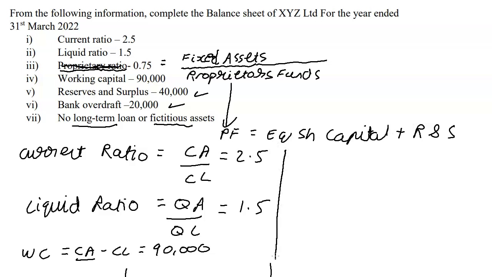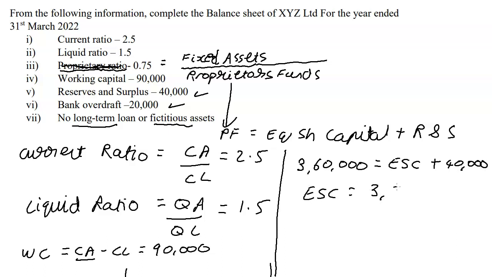So 3,60,000 is equal to equity share capital plus reserves and surplus. I have a value of 40,000. That means my equity share capital is going to be equal to 3,60,000 minus 40,000, and that gives me 3,20,000.